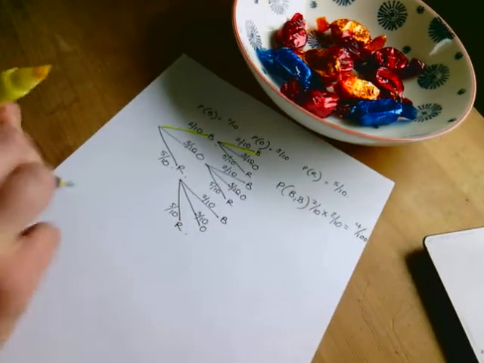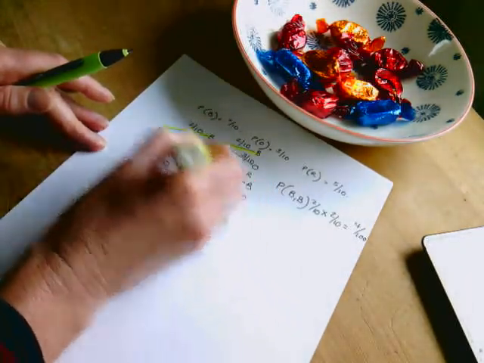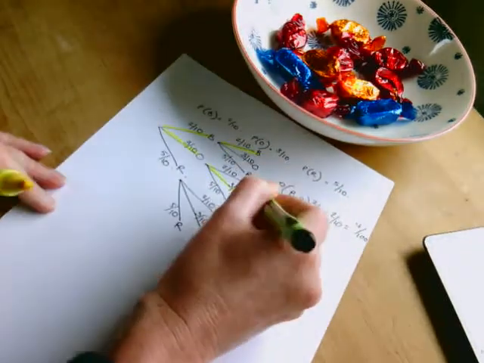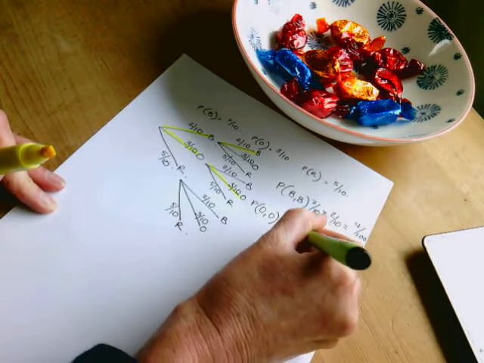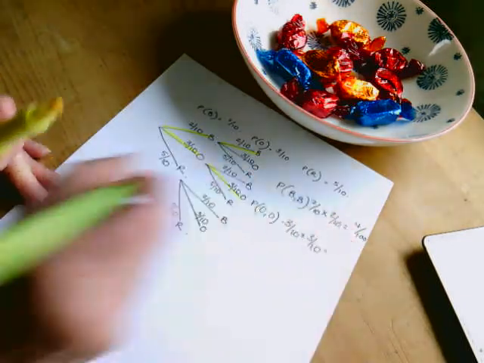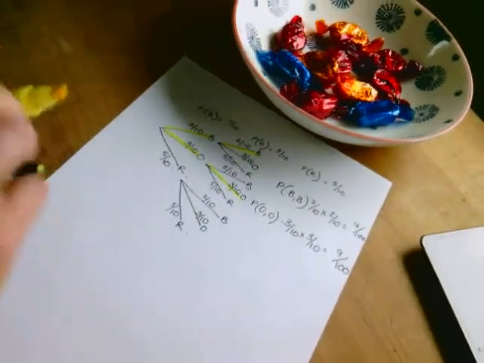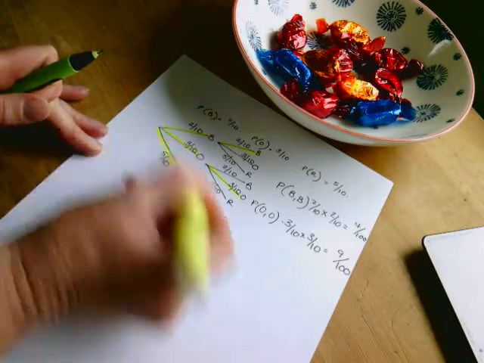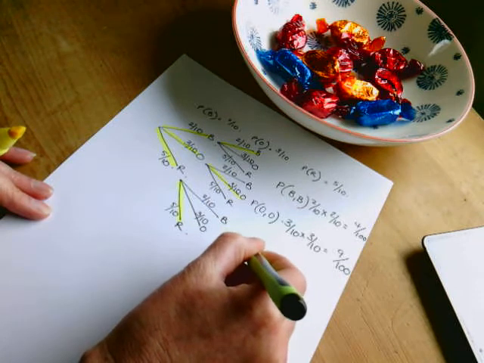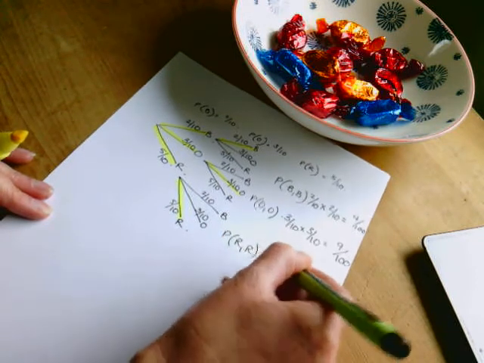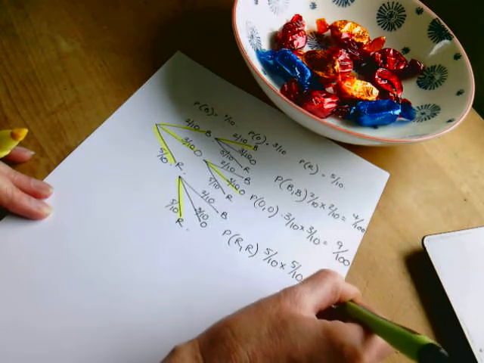Probability of orange, orange is 3/10 times 3/10, which 3 times 3 is 9 over 100. And the probability of red, we highlight our red branches, is 5 over 10 times 5 over 10, which is 25 over 100.